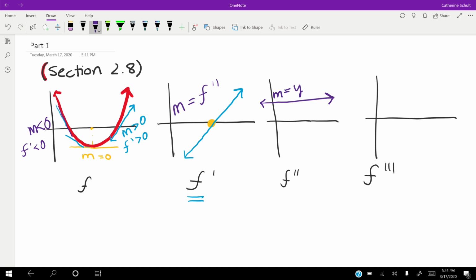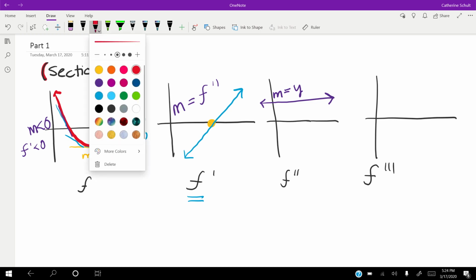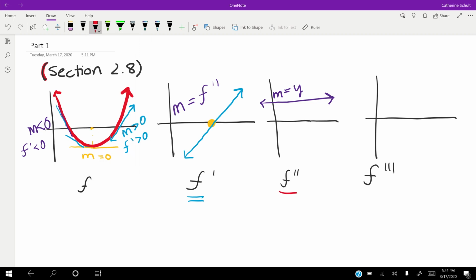All right, and then finally we have the third derivative. So to do the graph of the third derivative, we would want to look at the second derivative to determine the rate of change of the third derivative. So let's look at this horizontal line. And what's the rate of change of the horizontal line? What's the slope of the horizontal line? The slope is 0.